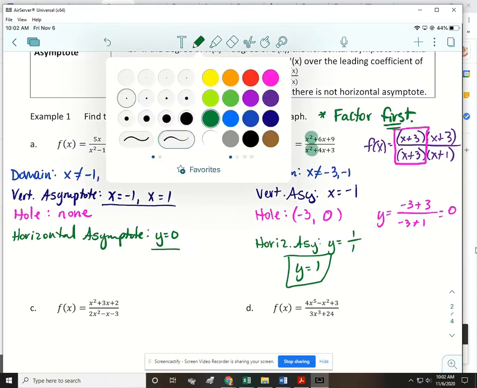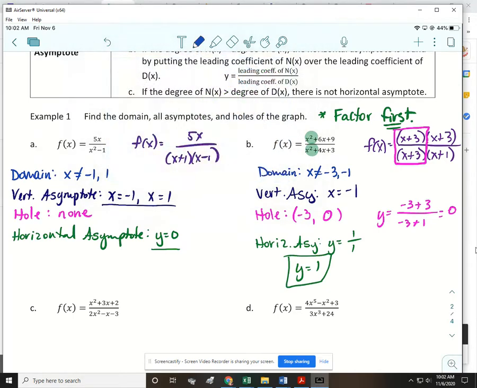Okay, so I'm going to go back and just make some notes. So on this, the domain is before canceling, or we'll say before boxing. The vertical asymptote is going to be outside the box. The hole is going to be inside the box.